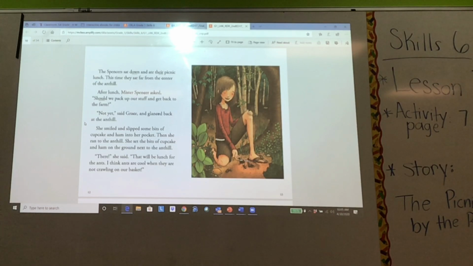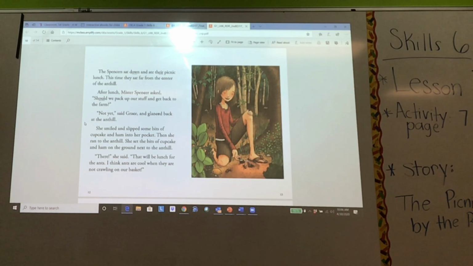Okay, page 12. The Spencers sat down and ate their picnic lunch. This time, they sat far from the center of the anthill. After lunch, Mr. Spencer asked, "Should we pack up our stuff and get back to the farm?"